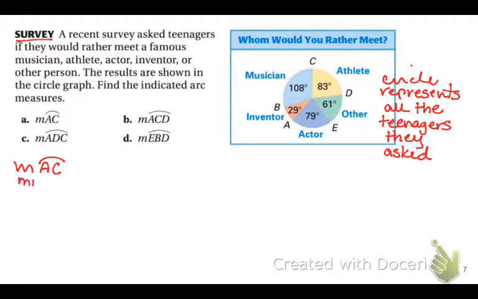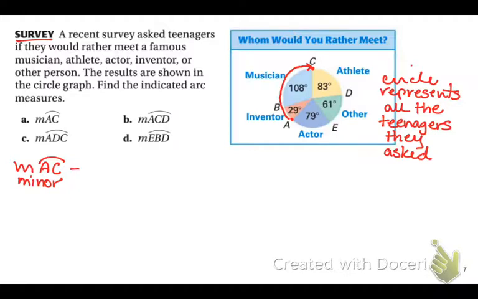Well, we know it's minor because it only has two letters. If we start at A and we're going to C, if I go this way, that's obviously more than 180 degrees. That's more than a semicircle, so that is not the way to go. The way to go, because it's a minor arc, is this way because it's under 180 degrees.